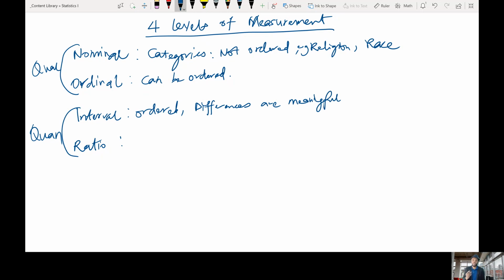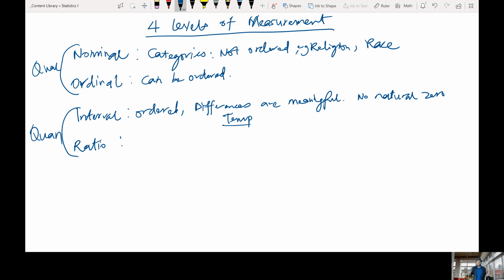And there is no natural zero. What does that mean? No natural zero. First, let me say that an example of an interval measurement is temperature. Now think about this. What I mean by no natural zero is that 0 Fahrenheit does not mean that there's no more temperature, that we can't feel anything anymore.